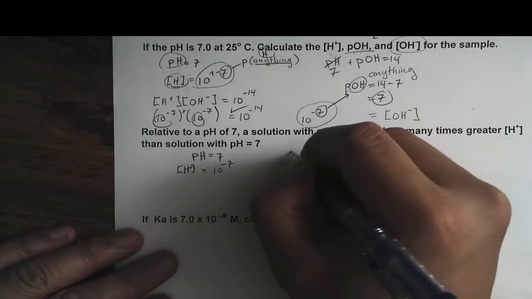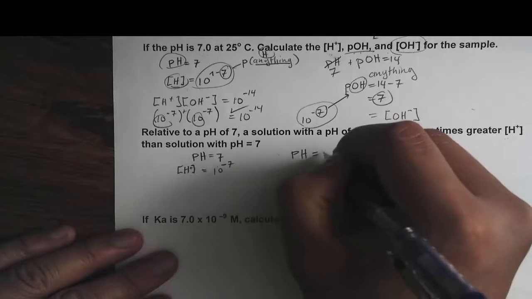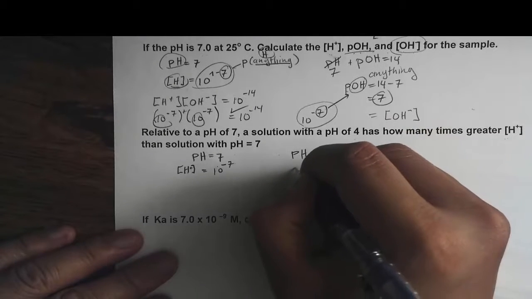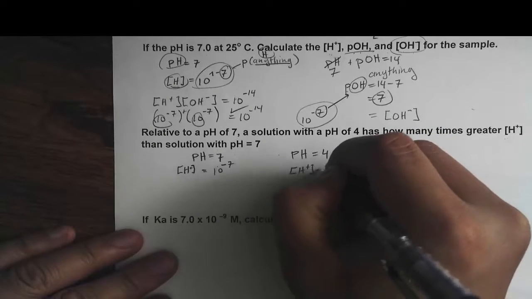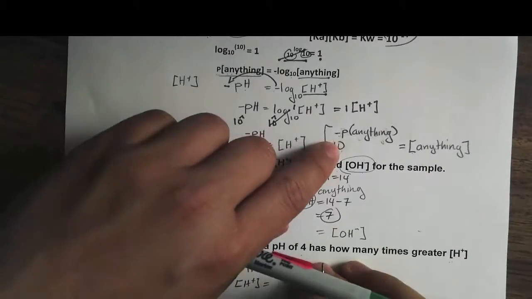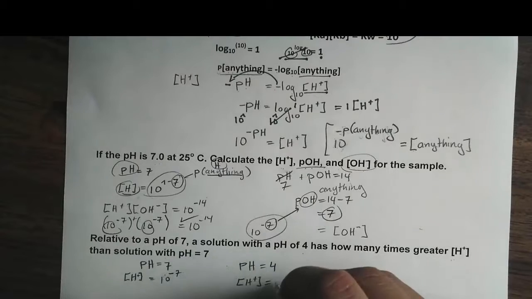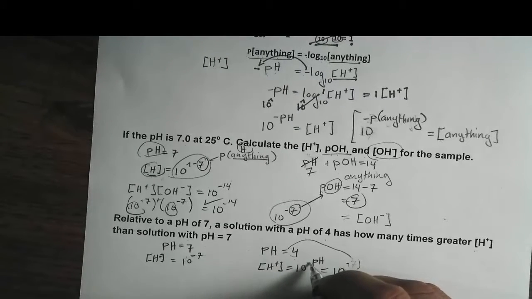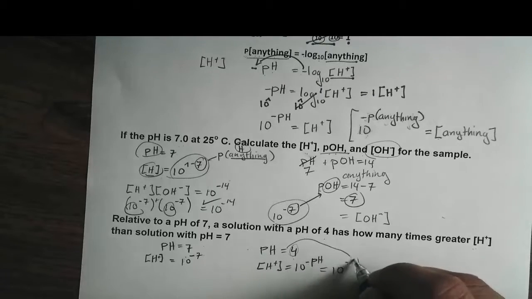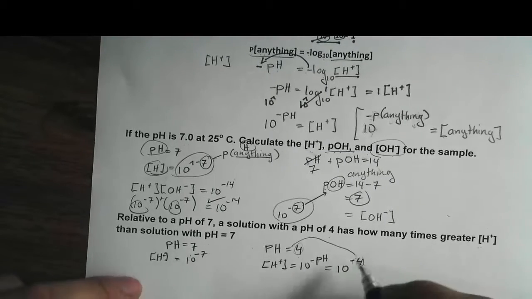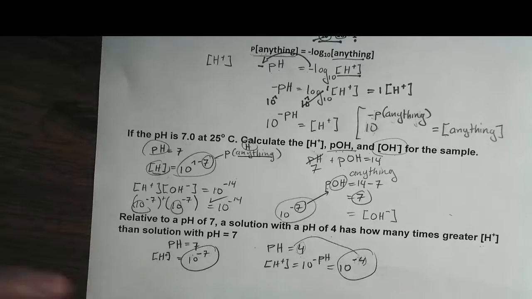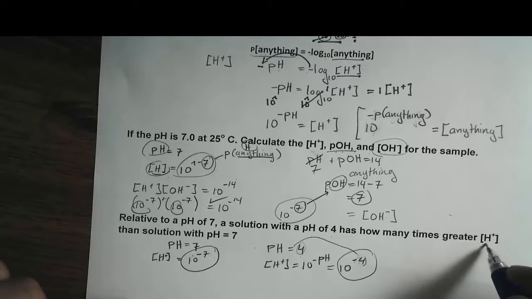And then for pH of 4, pH equal to 4, of course, the concentration of H plus here is equal to, again, 10 to the power of negative p anything, which in this case is pH, which is 4, so we have 10 to the negative 4. Now, if we have these two numbers, how do we determine how many times greater in terms of concentration of H plus?